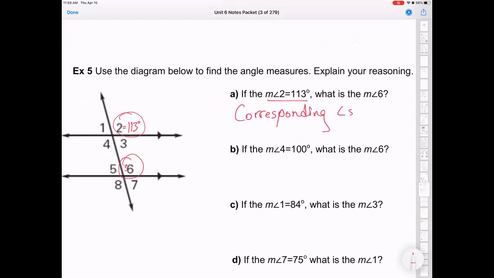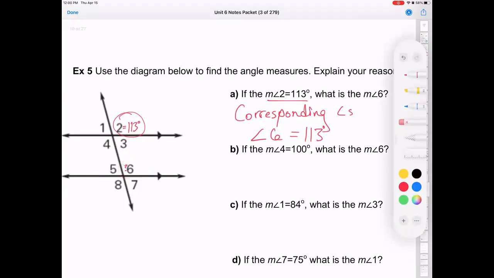Corresponding angles are always congruent every time. So angle 6 is equal to 113 degrees as well. So this is 113. We'll do one more together.